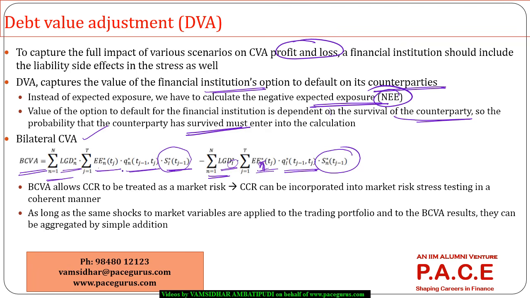So here if you see, the probability of default is not changing. It's only the expected exposure or the loss given default that is getting stressed in the process. Which means I am treating the counterparty credit risk as a market risk itself. As long as the same shocks I am giving to the market variables are given to the trading portfolio as well as to the bilateral CVA result, I can very well aggregate them across the various counterparties quite comfortably.